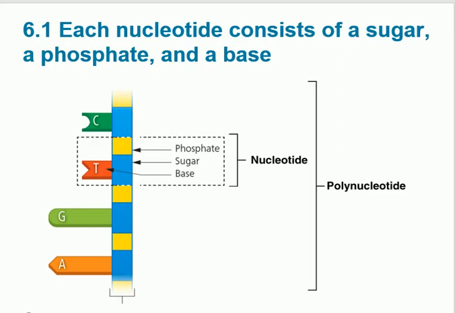What is the nucleotide? It is a base with sugar and phosphate. So you have a nucleotide, another nucleotide, another nucleotide. You make a chain of nucleotides, and I call that polynucleotide. This is one strand. If you put the other strand, that will be DNA.